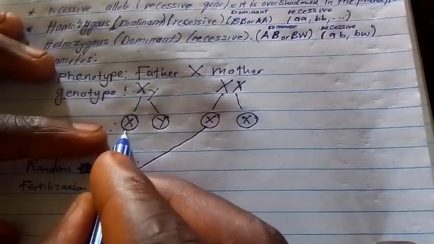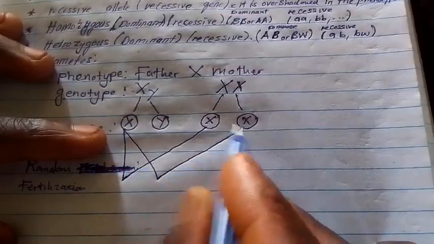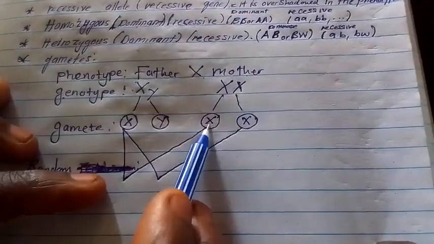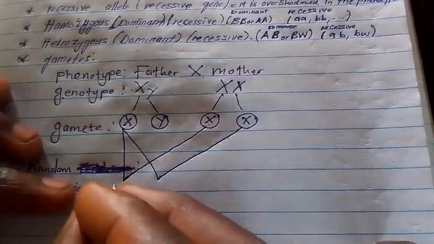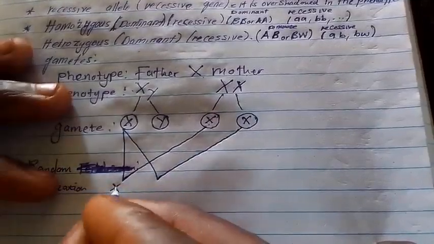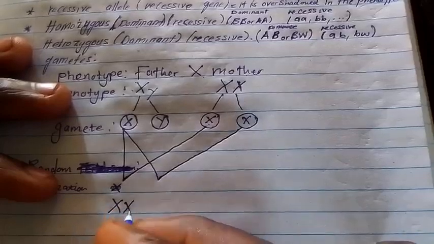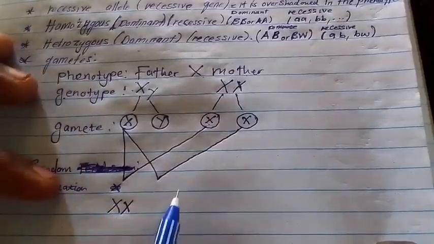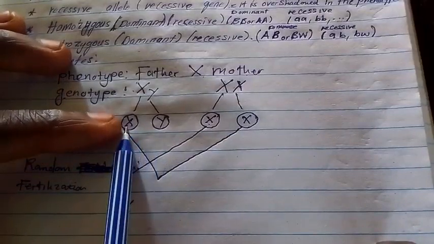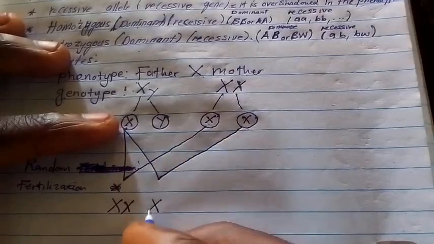If I combine this X and this X, I'm going to have X and also X, right? Then if I combine this X here and also this X here, I'm going to have X and also another X.